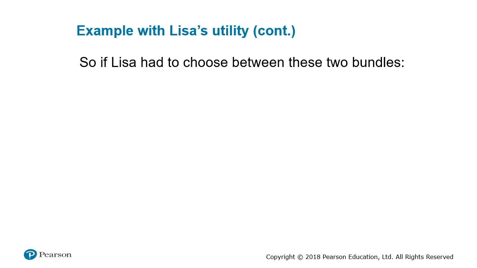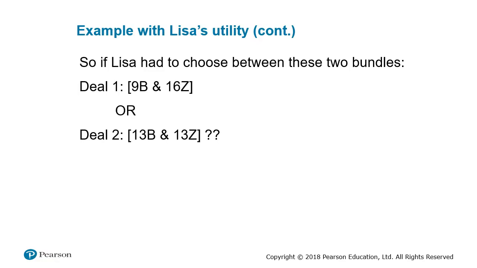Continuing with our example, if Lisa had to choose between these two bundles, deal 1 with 9 burritos and 16 pizzas, or deal 2 with 13 burritos and 13 pizzas, if we didn't know what her utility function looked like, we wouldn't know for sure which deal she would prefer.